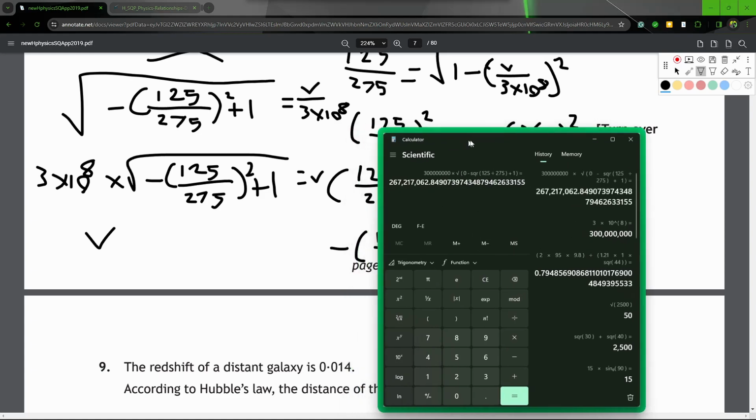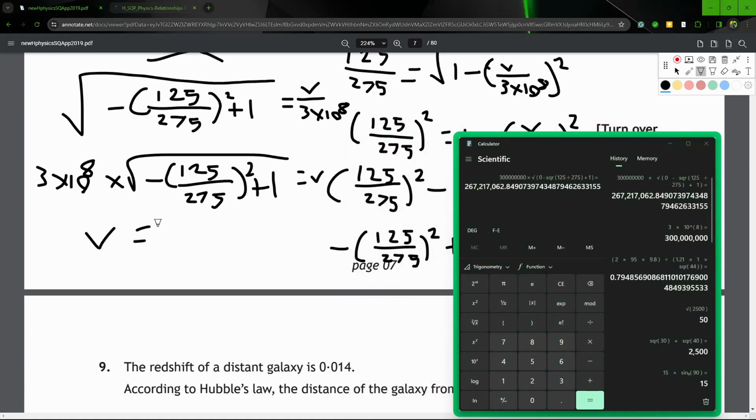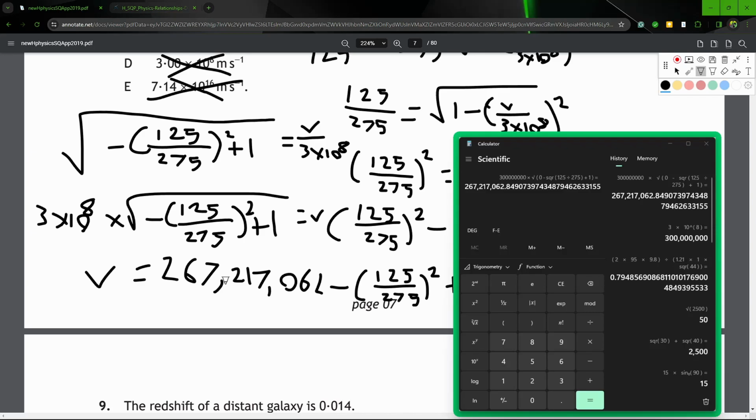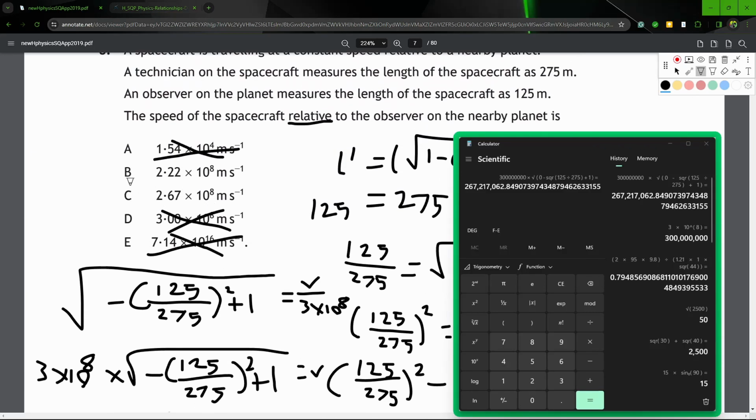We get this horrific number, 2.67 times 10 to the 8, and I've ignored the decimals, but look at that, 2.67, ain't that familiar? It's C.